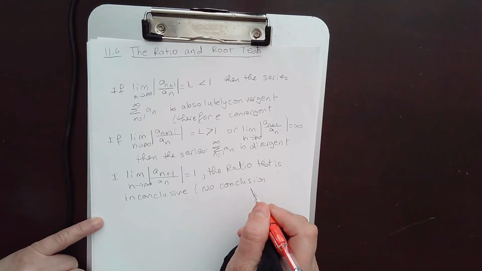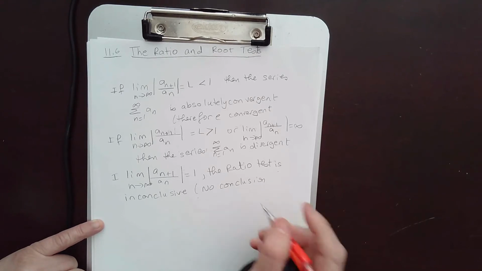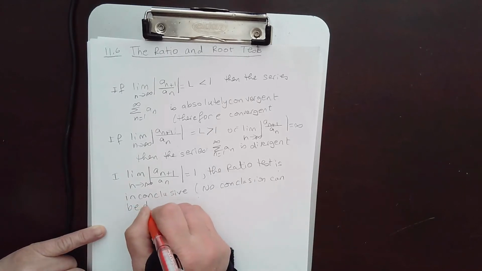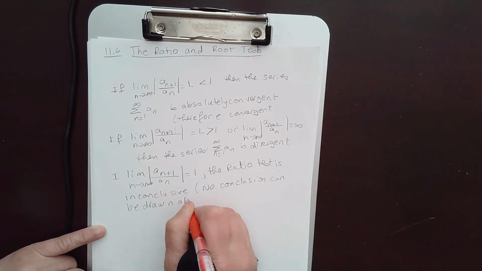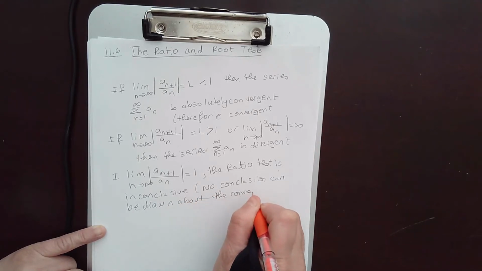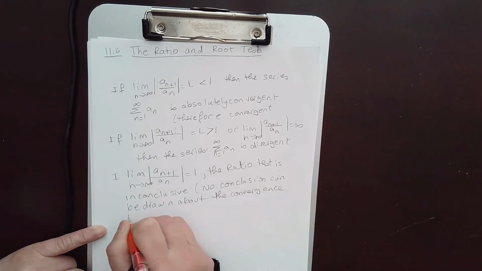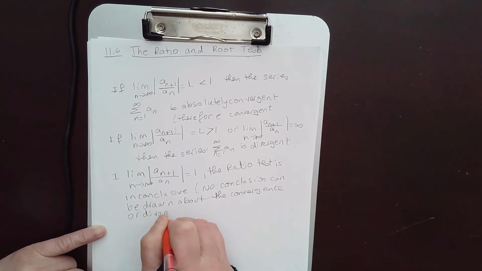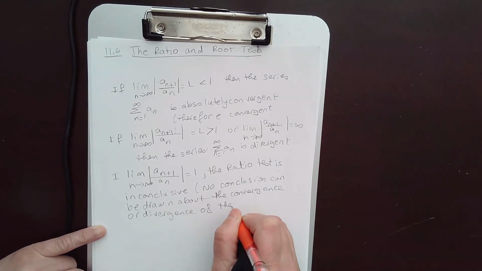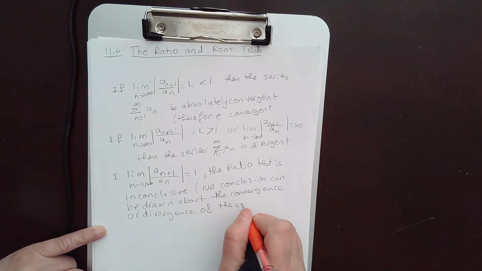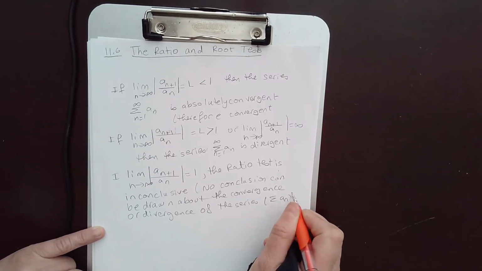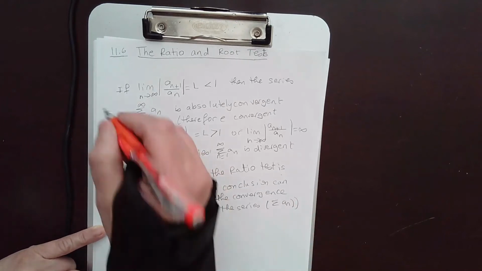No conclusion can be drawn about the convergence or divergence of the series. Okay, this is what we call the ratio test.